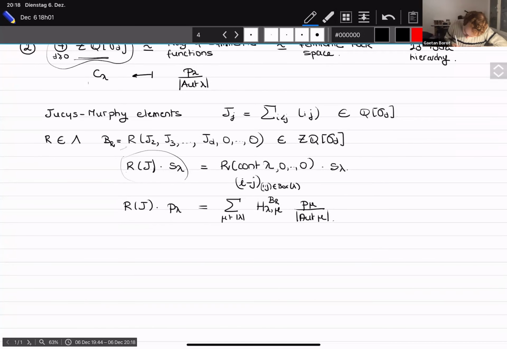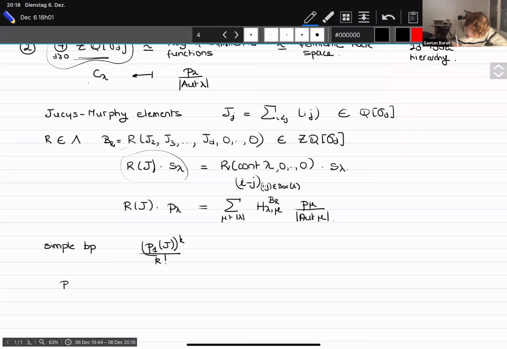So in particular, if you want to have these simple branch points, you would take P1 of J to the K over K factorial.